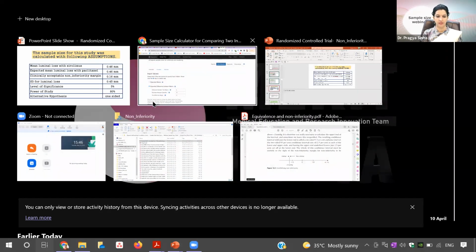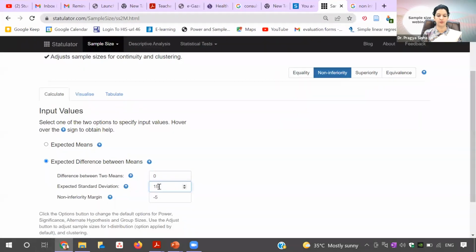So I'll go back to statulator and have this as 0.45. And what was the non-inferiority margin? It was 0.16. So I'll keep it as 0.16.